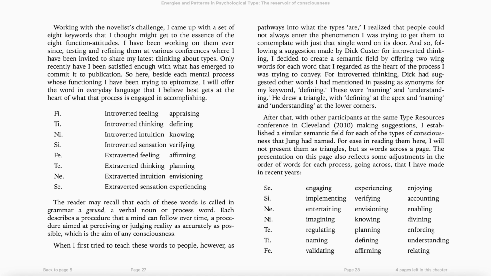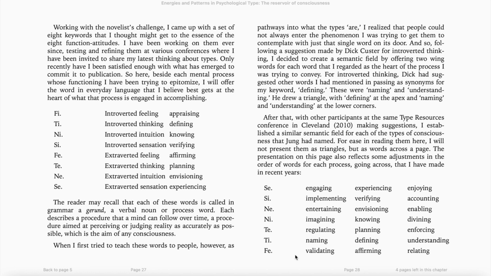Whereas the feeling type, at the end of the day, what they are very good at at the core is relating to people. So it may look like they're just validating people at the surface level, and maybe you're not a feeling type, so you don't even understand what they're doing, and you think it's superficial.